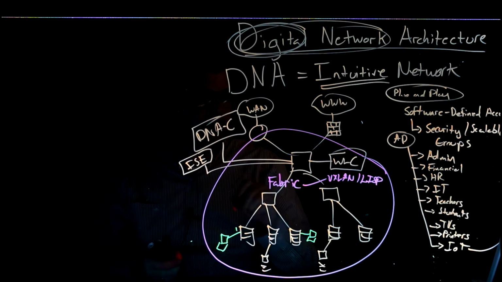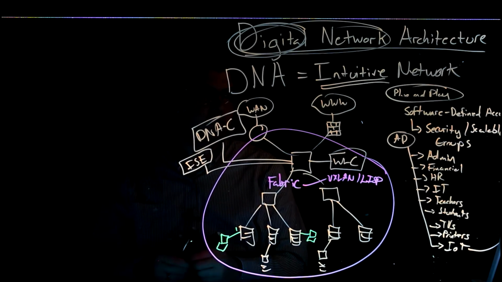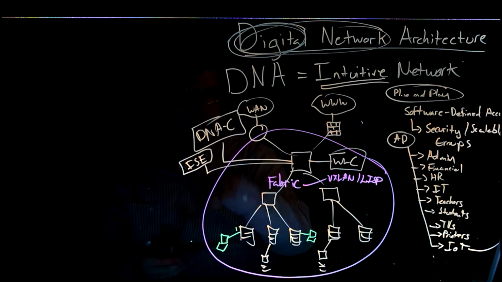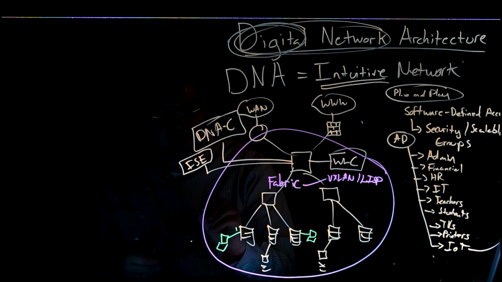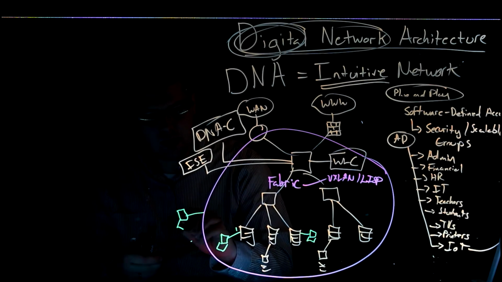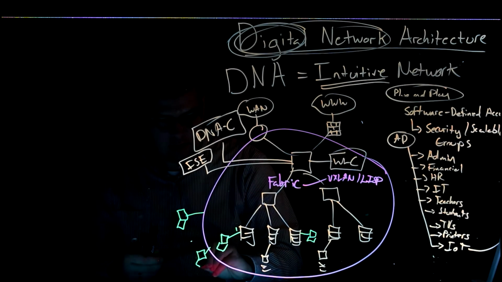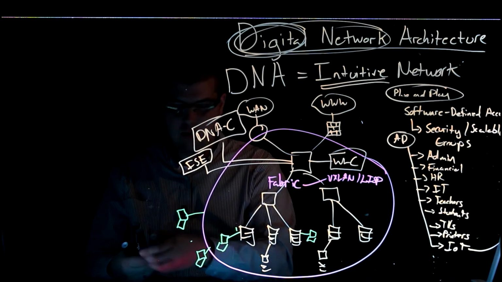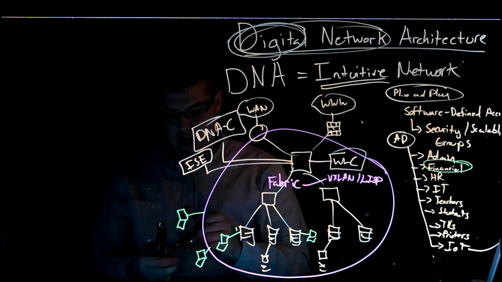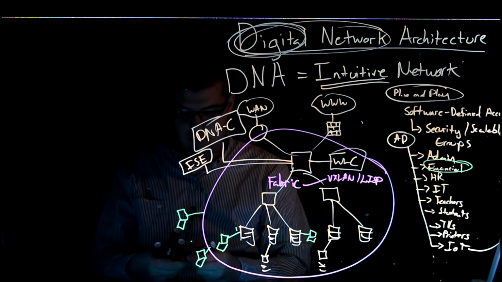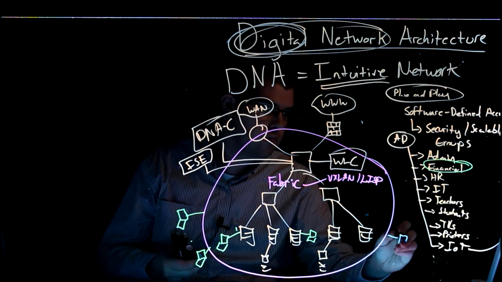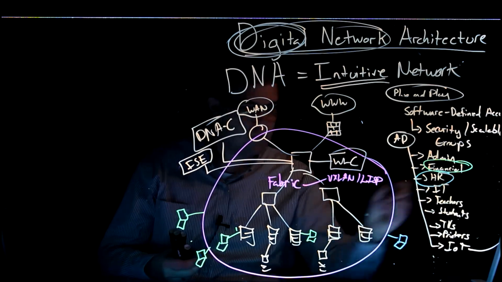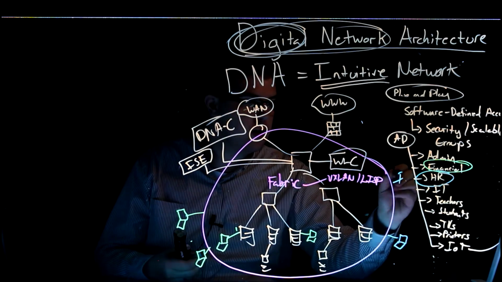I get those groups into ISE, which talks with DNA Center, which pushes all that information down to the fabric, which means that anytime somebody connects, anywhere they connect, whether they're financial, whether they're HR, they can come in anywhere.